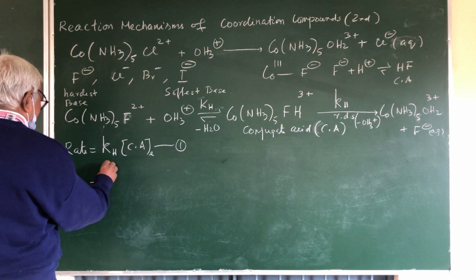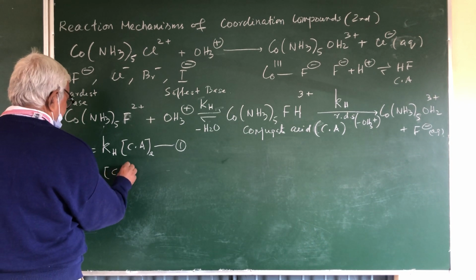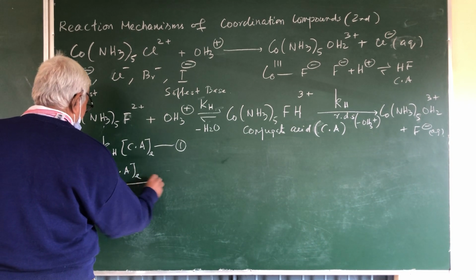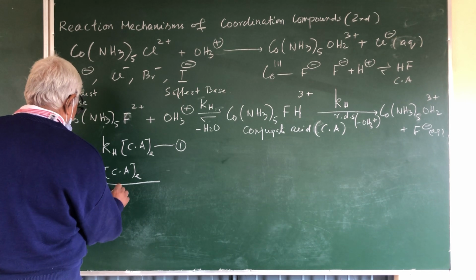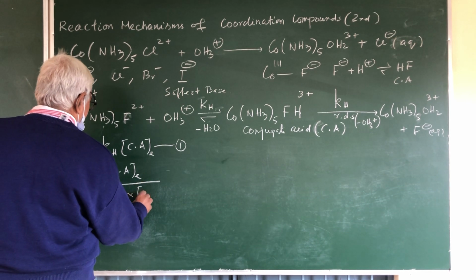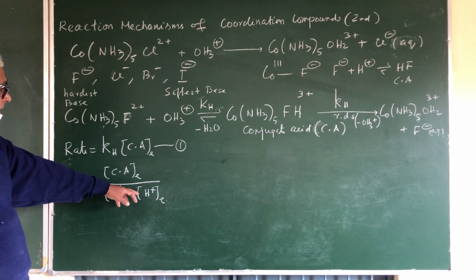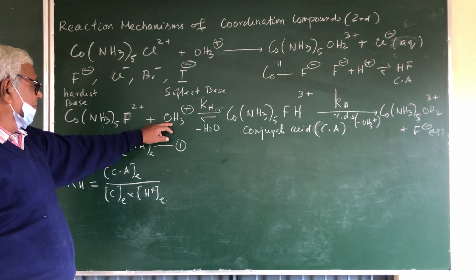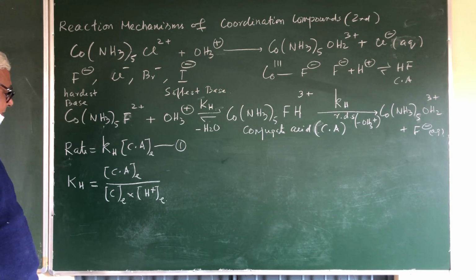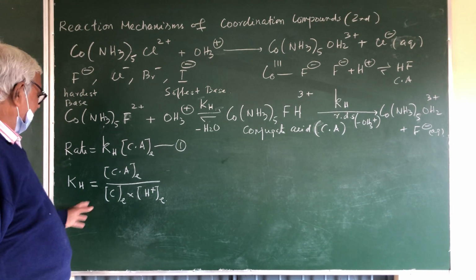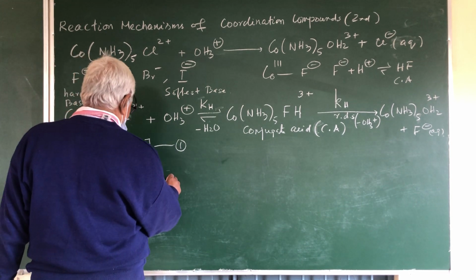Kh is concentration of conjugate acid by concentration of complex into H plus concentration. I am writing only H plus instead of hydronium, to make it more simple.